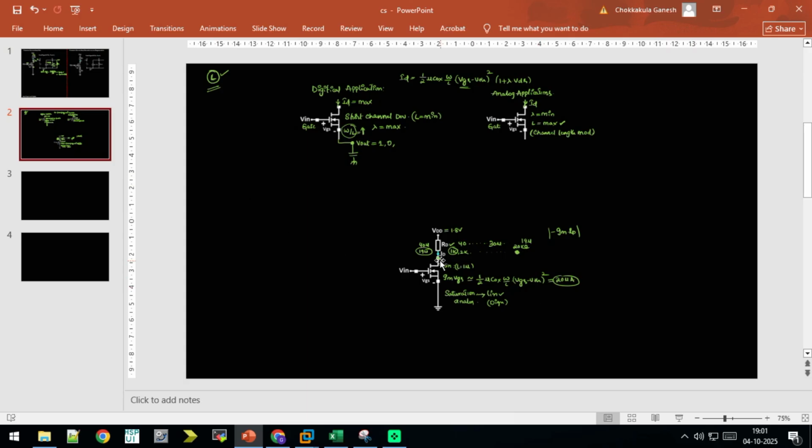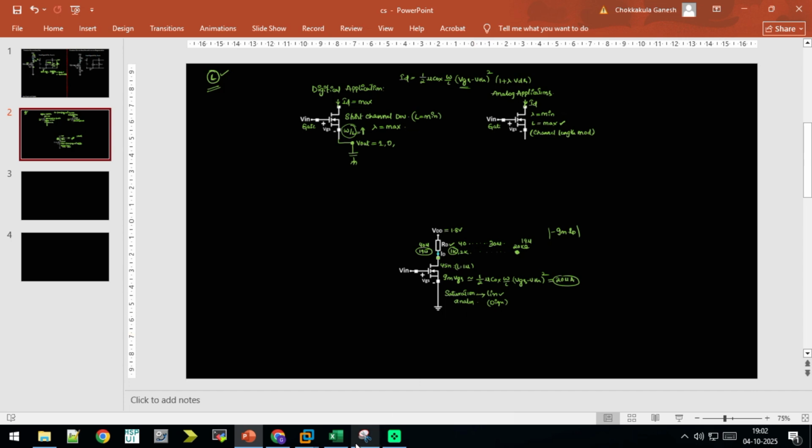This is the concept where we cannot increase the resistance arbitrarily; there is a limit up to which you can increase. After a particular value of the load resistance, the transistor may have a problem and go into the linear region.